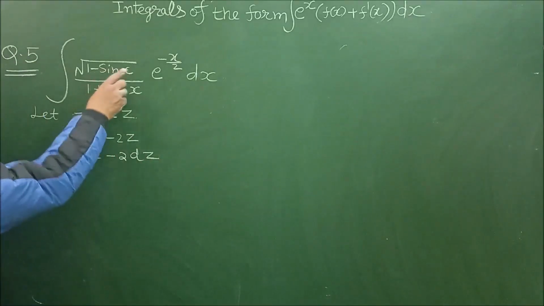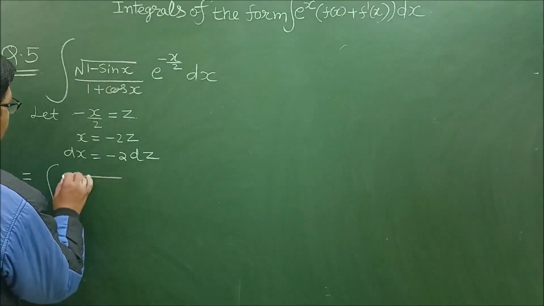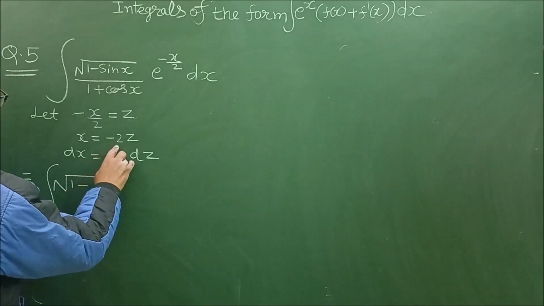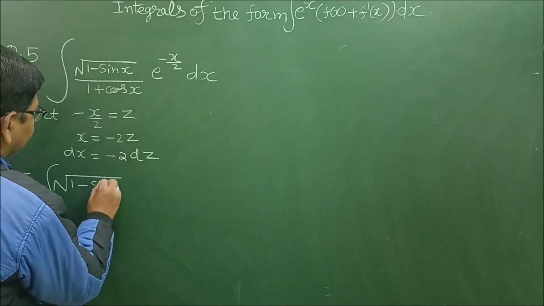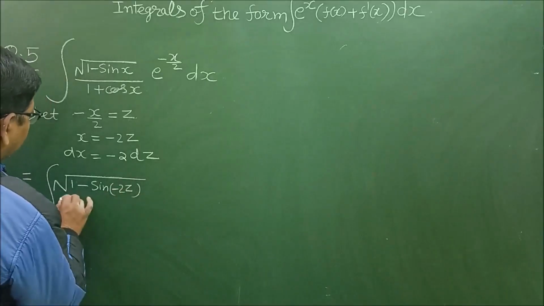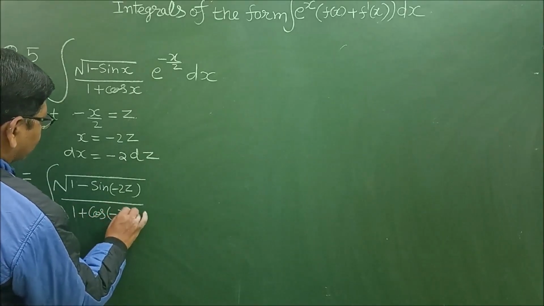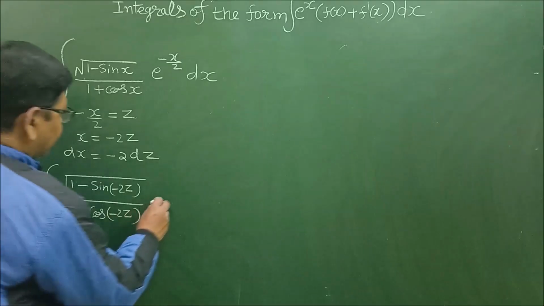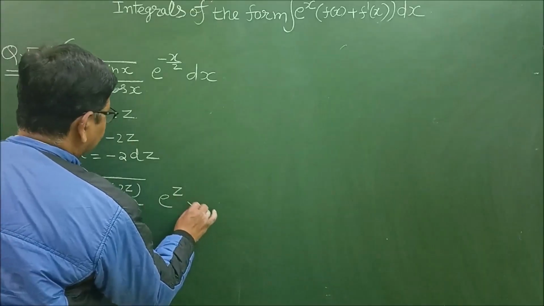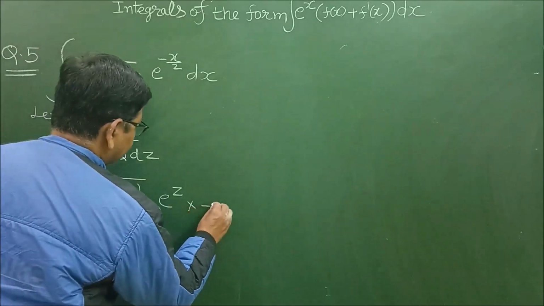Now substituting the values here in the given integral, this integral reduces to square root of 1 minus sin of minus 2z upon 1 plus cos of minus 2z, e raised to the power z, and dx will be replaced by minus 2 dz.